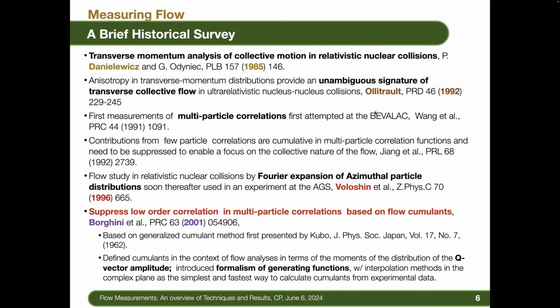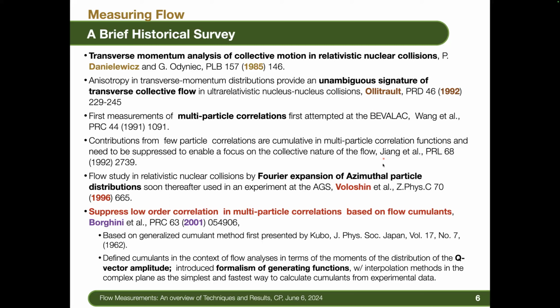And then eventually people realized that along with this collective motion of particles, there were also other phenomena coming into play, which we now call non-flow. So came the realization that one needs to account for this non-flow and suppress it.